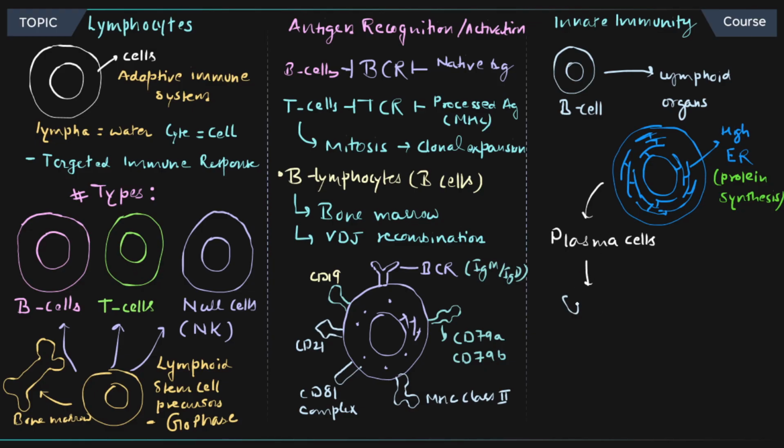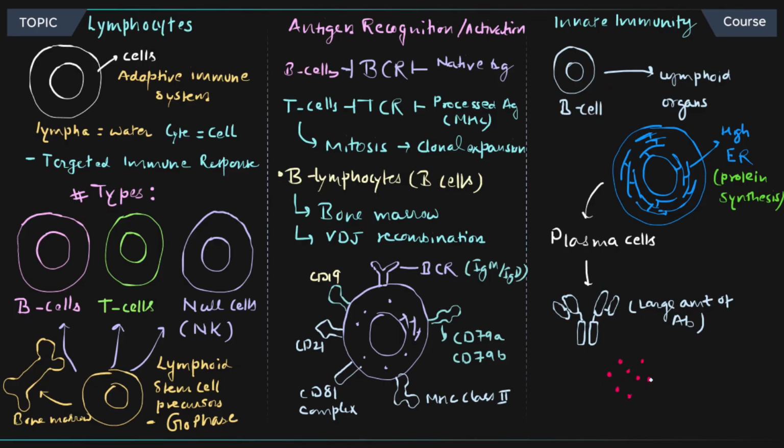And let me design the structure of antibodies so that you can remember that these cells, plasma cells, can produce antibodies. An antibody is basically a Y-shaped structure. So this is the antibody. And you have heavy chains, you have light chains, and then further it will produce a large amount of antibodies, and these antibodies are really important for the neutralization of the antigen, right, and also the pathogens.